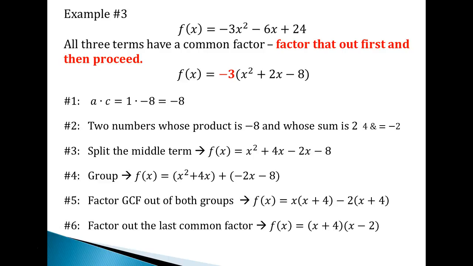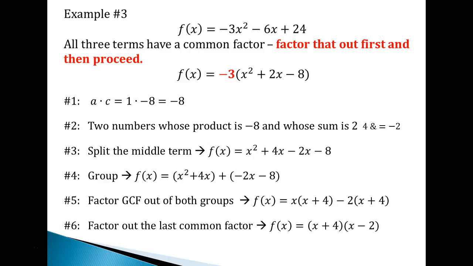If I multiply x plus 4 times x minus 2, I will end up with x squared plus 2x minus 8. Now, I forgot to put the negative 3 on the outside of my final answer. Don't forget to do that.